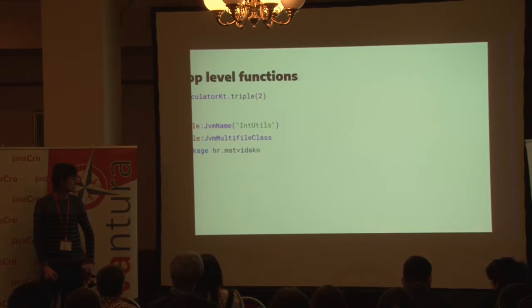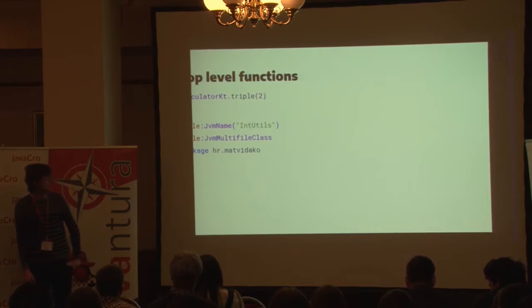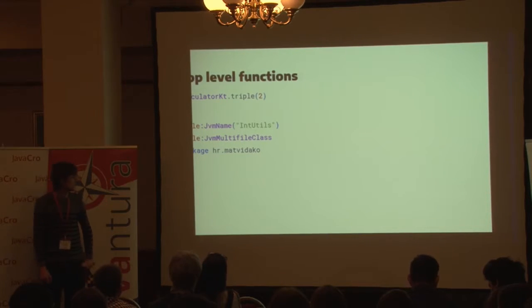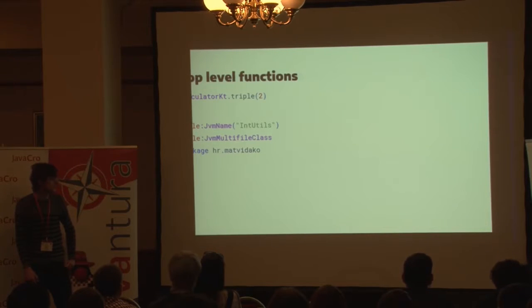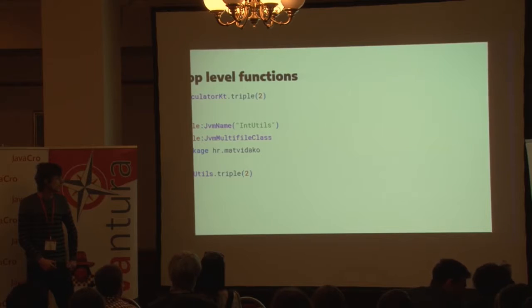If we want to fix that, we add a @file:JvmName annotation, and we just say the name that we want to override the generated file name to. So if we say IntUtils, we'll be able to call the triple method by saying IntUtils.triple.